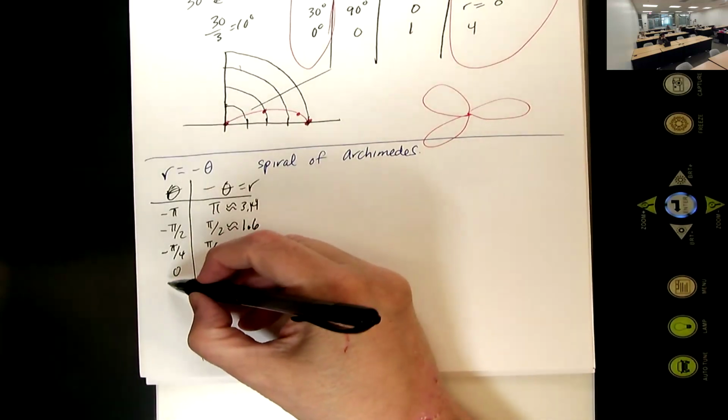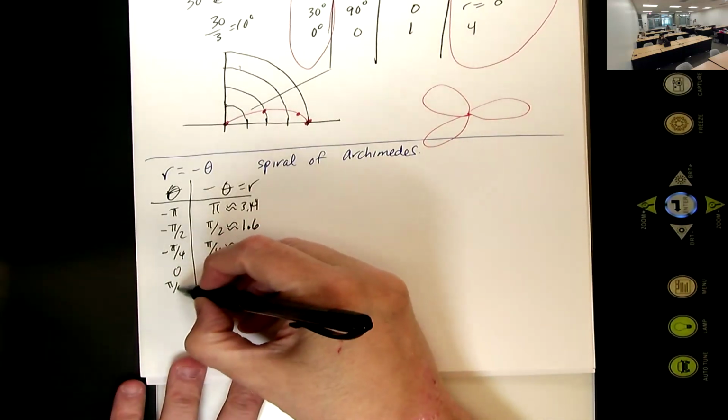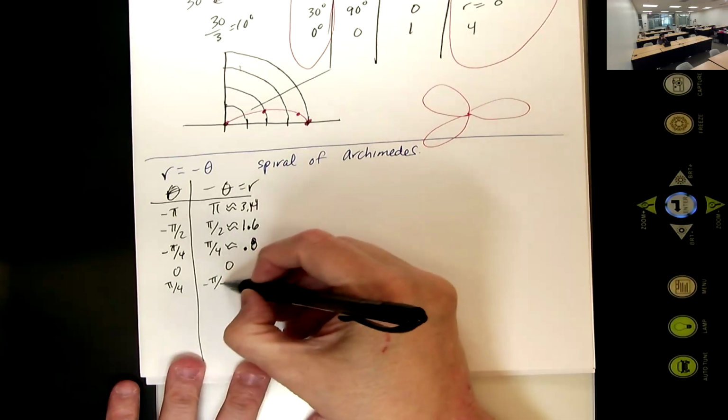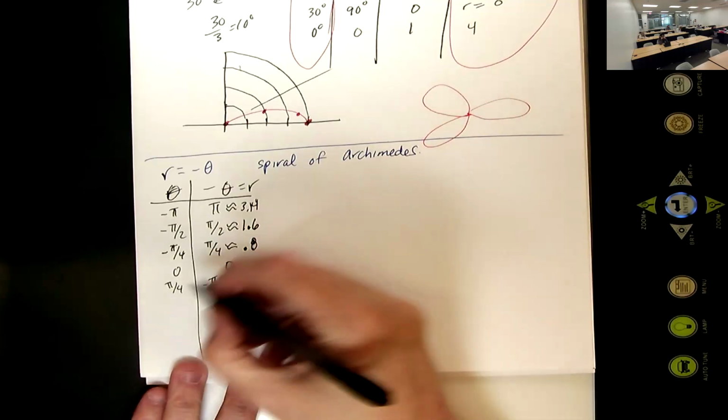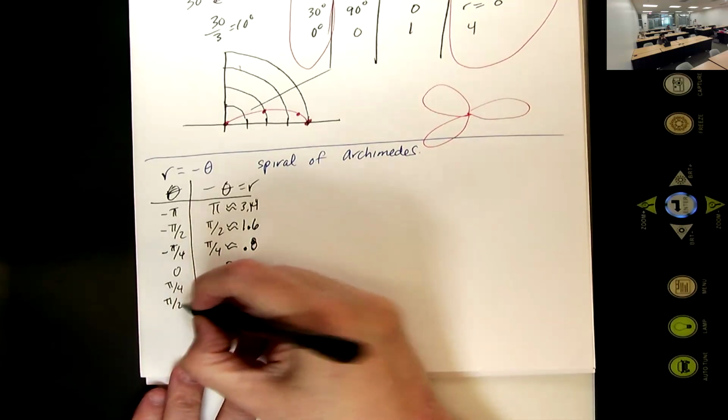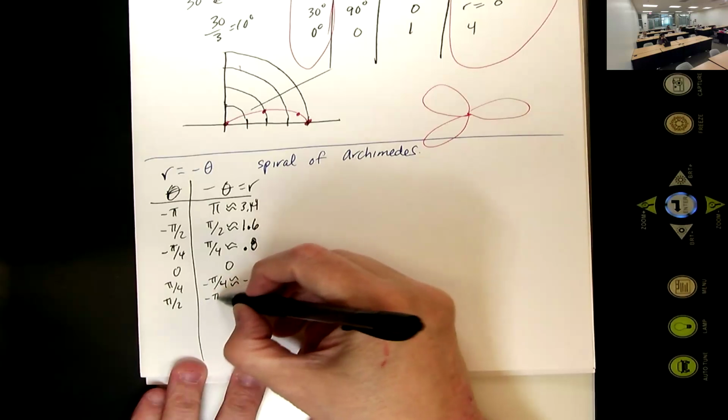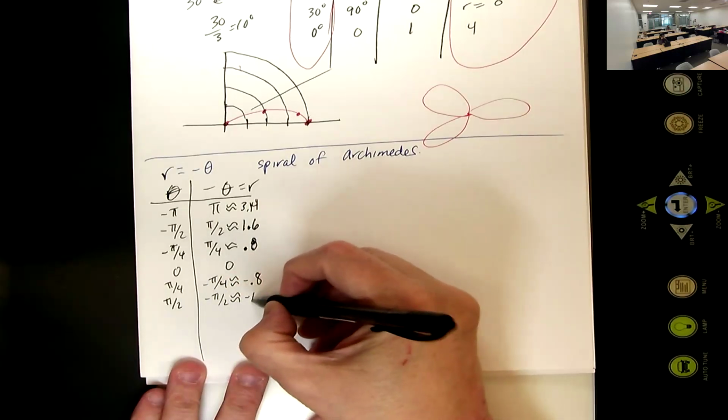Pi over 4 is negative pi over 4, so negative 0.8. Pi over 2. Get all our values above, I'm just making it negative.